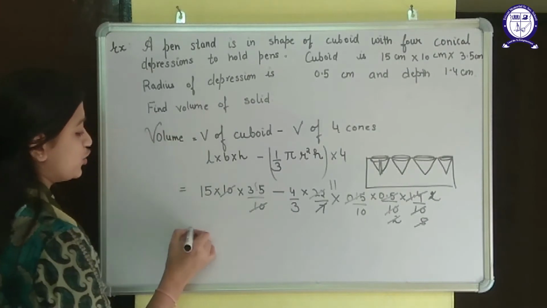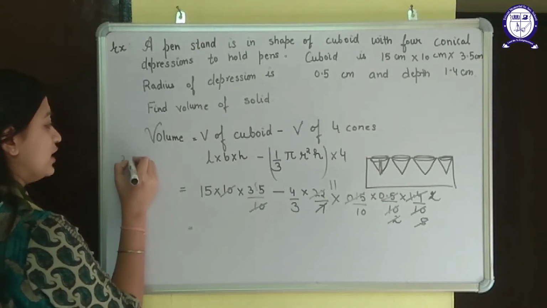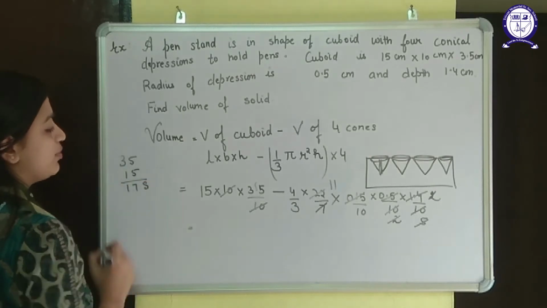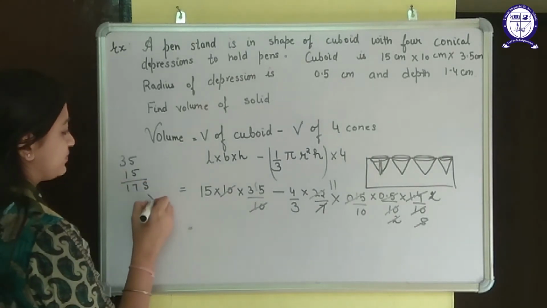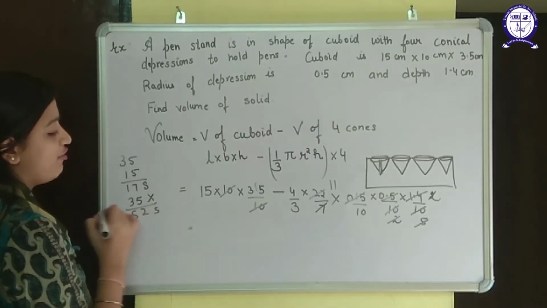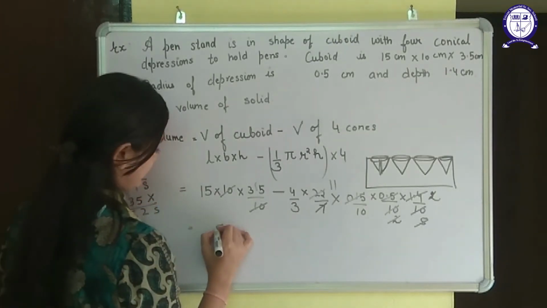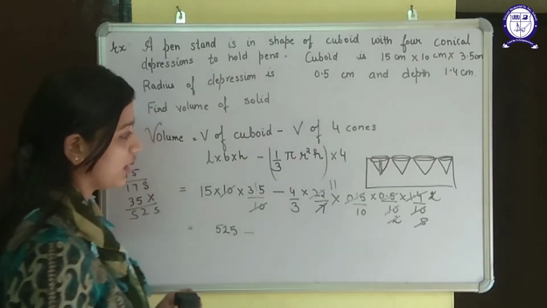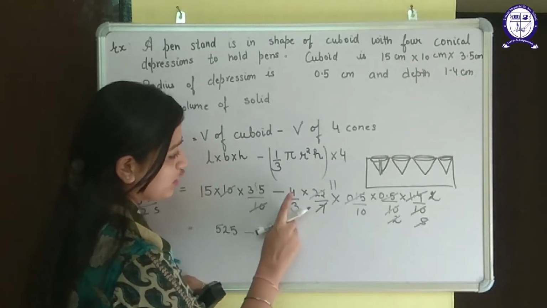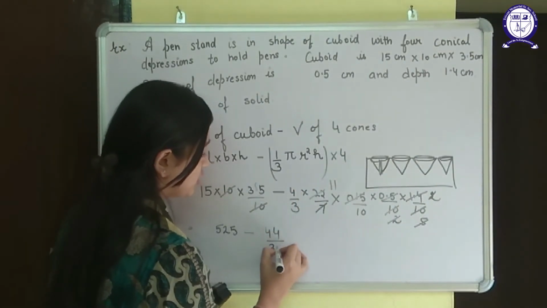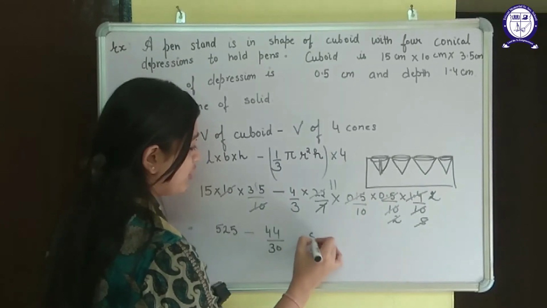Now 15 into 35 we need to find. 35 into 15. So this will be 175, 525. Okay, then solving this one. We got 11 into 4, 44 upon 30.